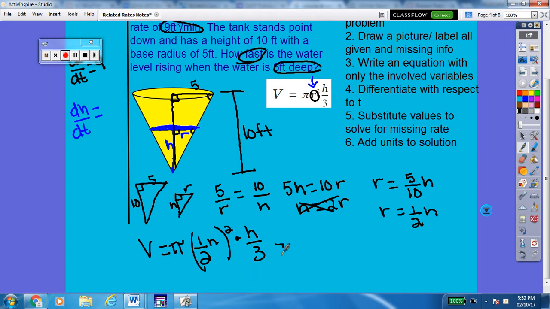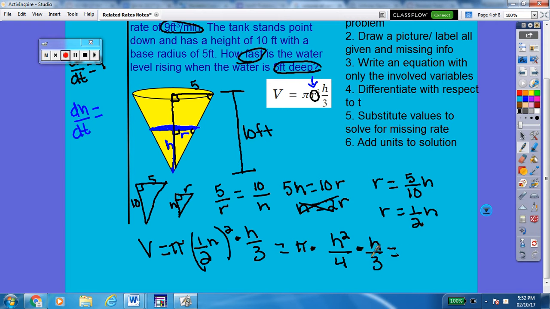So let's simplify this a little bit. It's going to be pi times 1/2 squared is 1/4. So we're going to end up with H squared over 4. That's the same as 1/4 times H squared times H over 3.